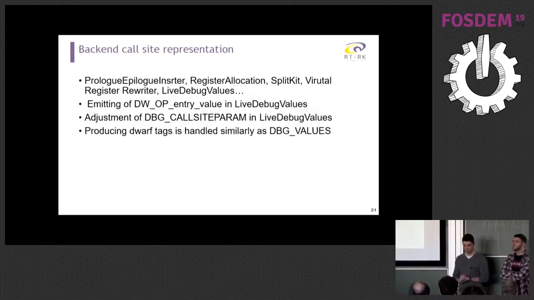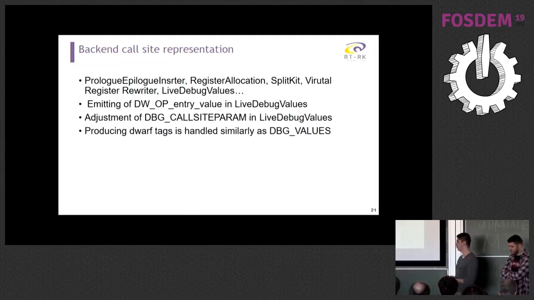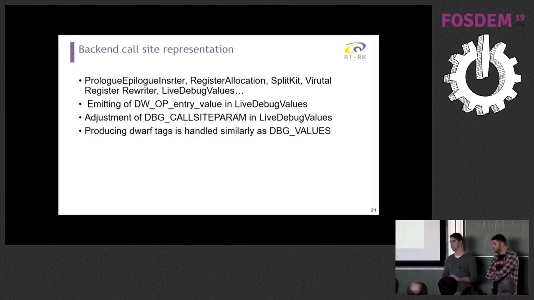Also, regarding printing this location in the object file, it is done in the DwarfDebug pass, and it is handled similarly to the dbg value instruction. So there is nothing special to say here. It relies pretty much on similar structures as dbg value.